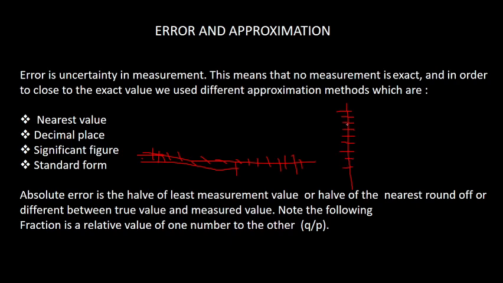Therefore, each of these lines on that instrument has a particular value. And the value that is awarded to each line, the value that approximates to the value indicated for each line, is called the accuracy of that measurement instrument.